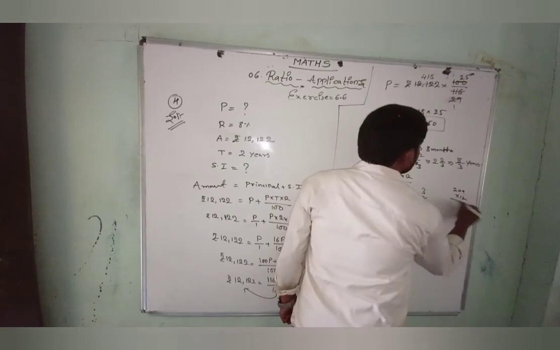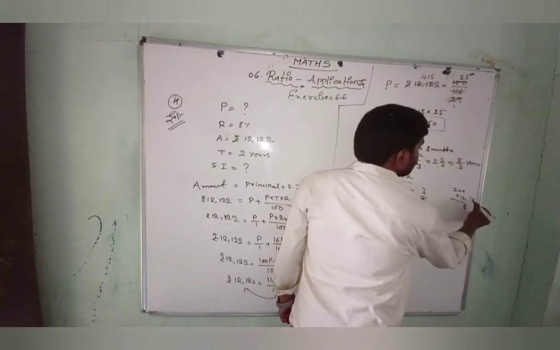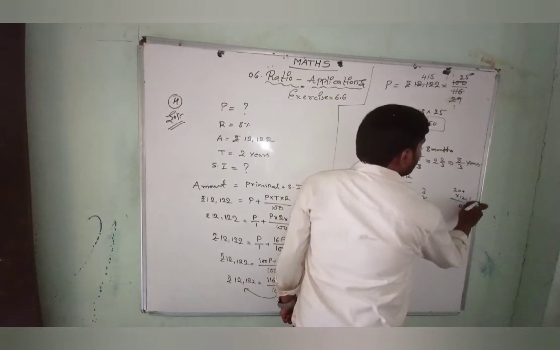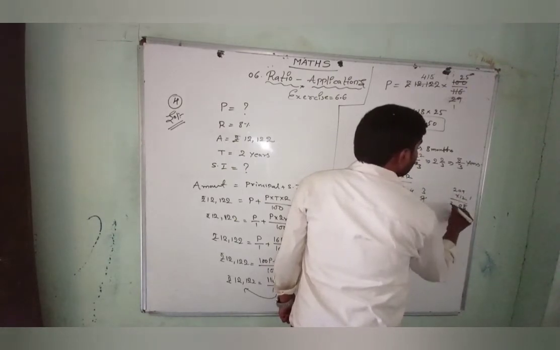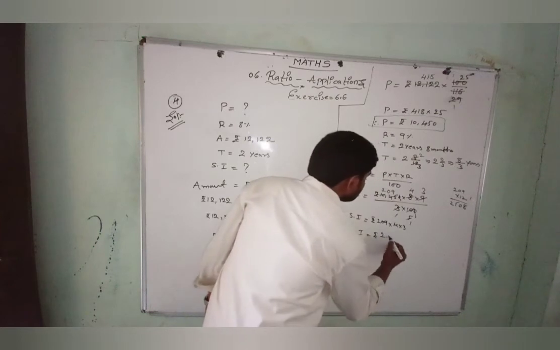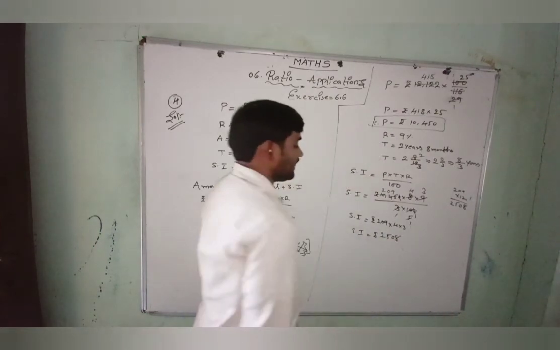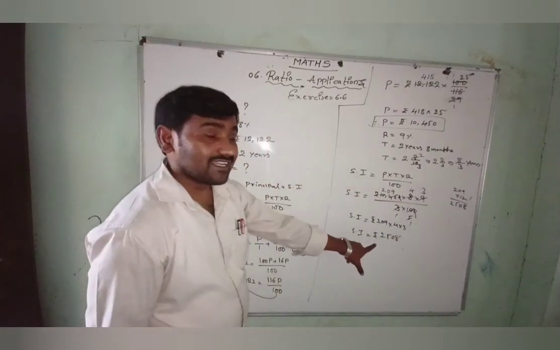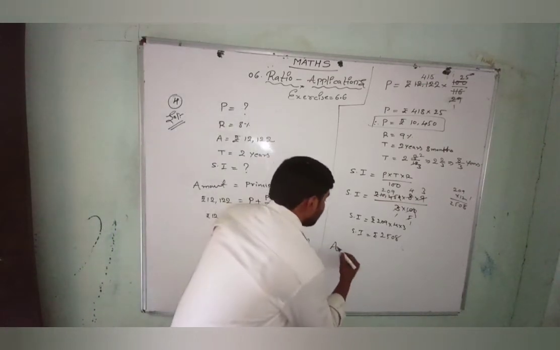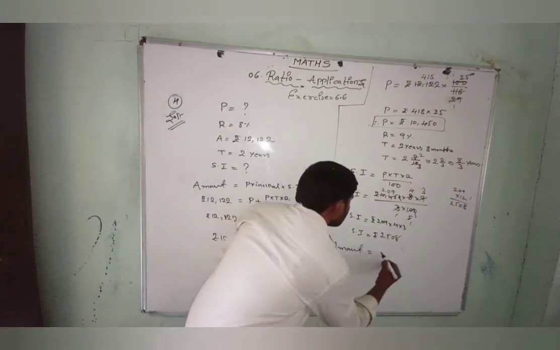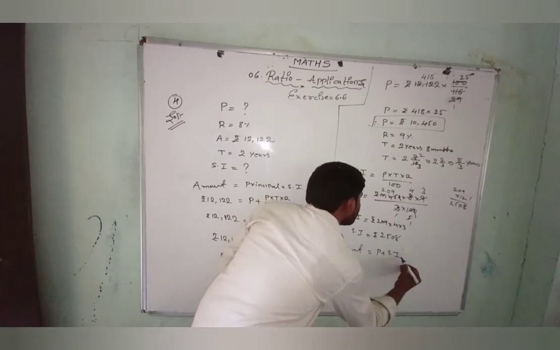So the simple interest equals rupees 4 3s are 12, 209 into 12. 12 9s are 108. So 8, 10 carry. 12 0s are 0 plus 10, so 0 and 1 carry. 12 2s are 24 plus 1, 25. That is rupees 2,508. This is the interest actually. But we need to find the amount. Amount equals principal plus simple interest.